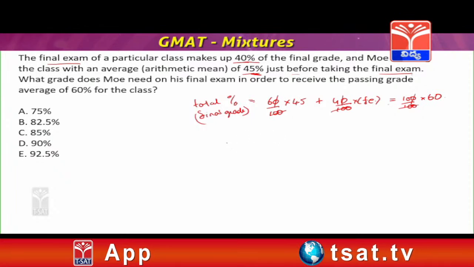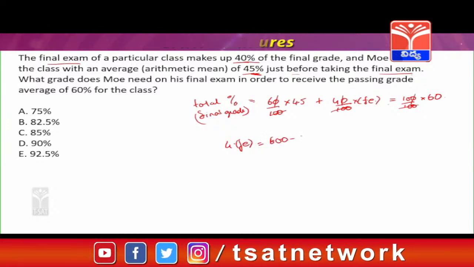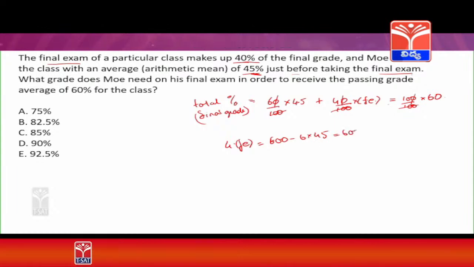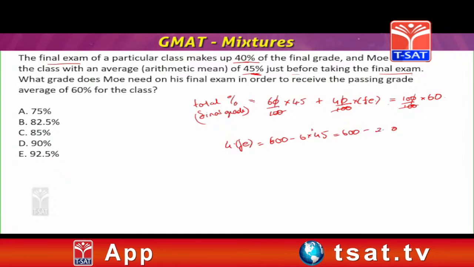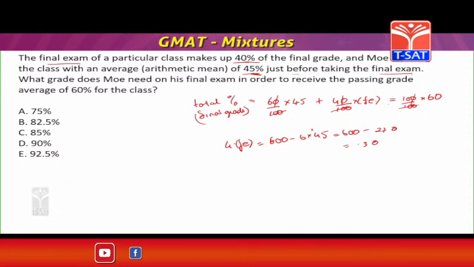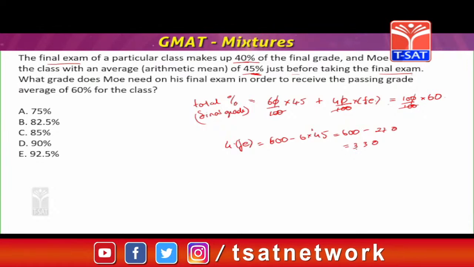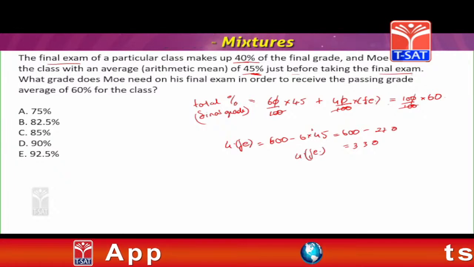Now, you have 4 times final exam will be equals to 10 into 60 is 600 minus 6 into 45, that is 6 into 45 is nothing but 6 5s are 30, 6 4s are 24 plus 3, 270, which is equals to 600 minus 270, that will be equals to 330. 4 times final exam will be equals to 330.